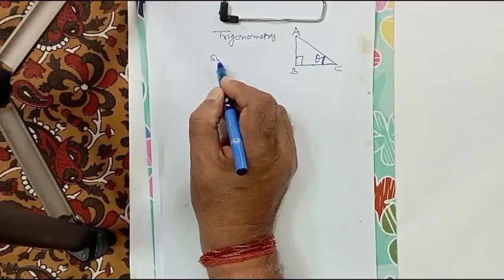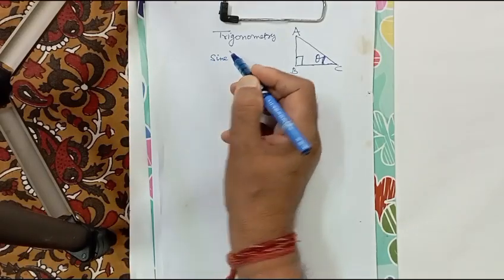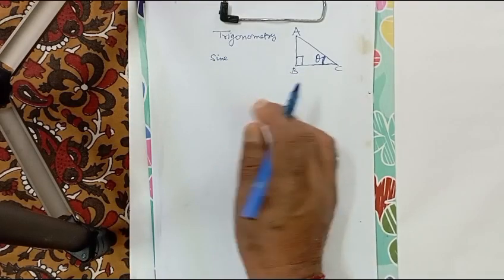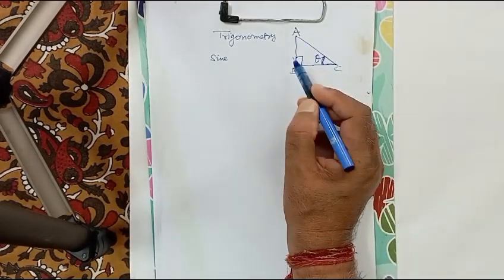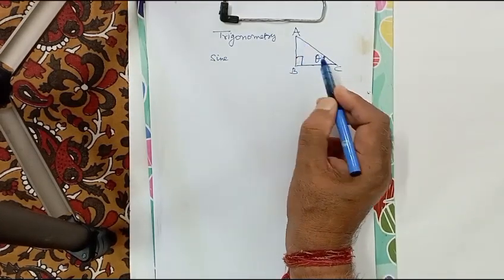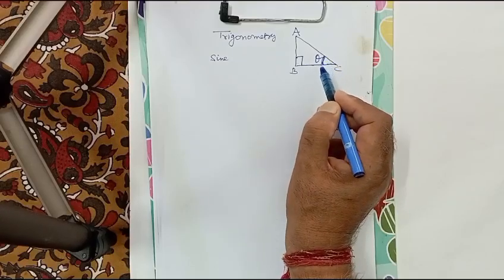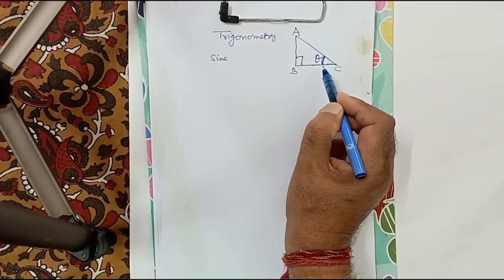First ratio is called sine. What is sine? Sine is the ratio of the perpendicular and the hypotenuse for the angle in the right angle triangle.